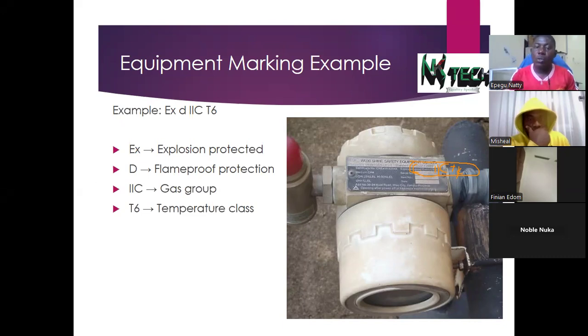So selecting this one means you are selecting the safest equipment that can be used in any region for any gas leakage. Then we have the T6. I think T6 is the temperature is about 85 degrees. So it means this equipment cannot get hotter than 85 degrees no matter what.